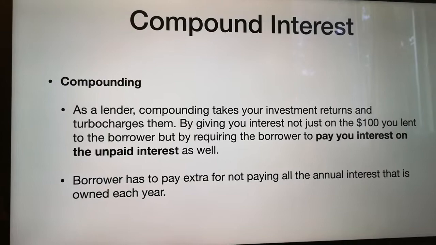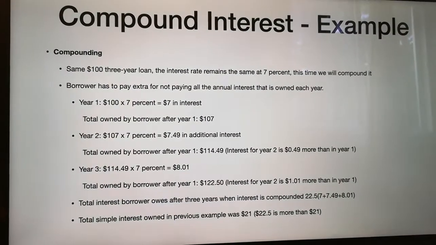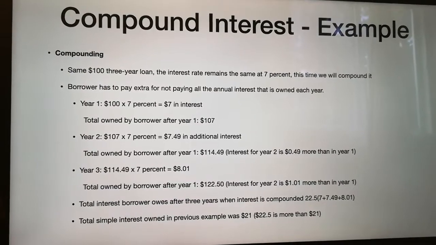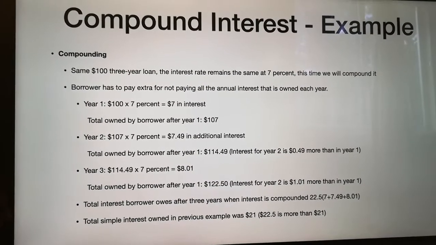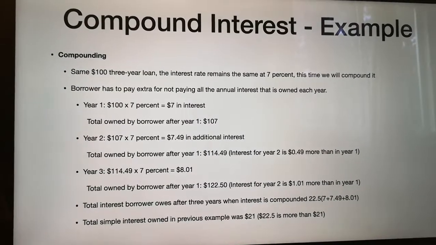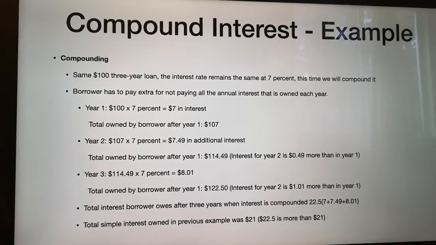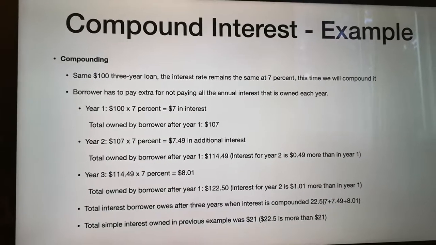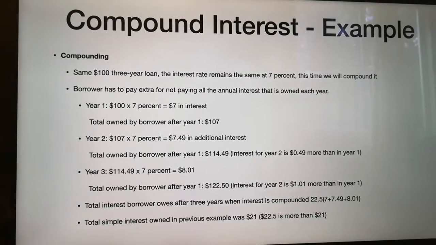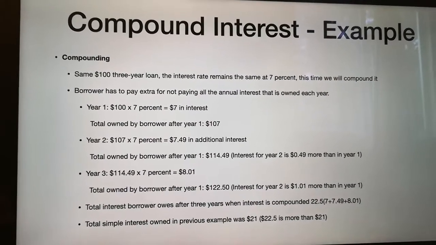For this example, you can see the first year is still the same. You pay $7 in interest. For the compound in the second year, they calculate the 7% based on the $107, that is the $100 principal plus the $7 interest from the first year. So the total interest you have to pay for the second year is $7.49.